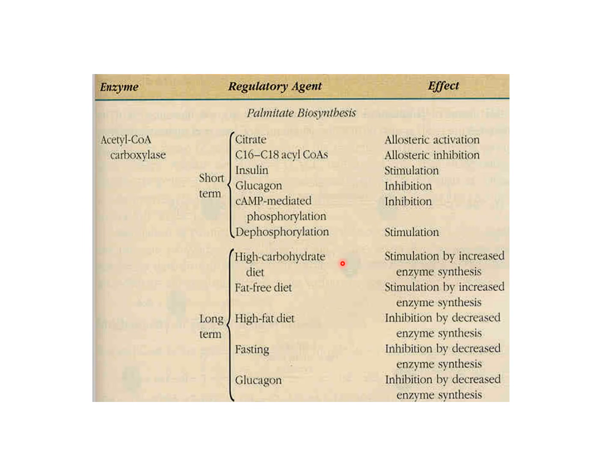So if you are on a high carbohydrate diet, obviously insulin will regulate. However, if you stimulate the liver cells with insulin through a high carbohydrate diet, the enzyme synthesis, so the acetyl coenzyme A carboxylase gene, will be upregulated and more enzyme will be in the cytosol.